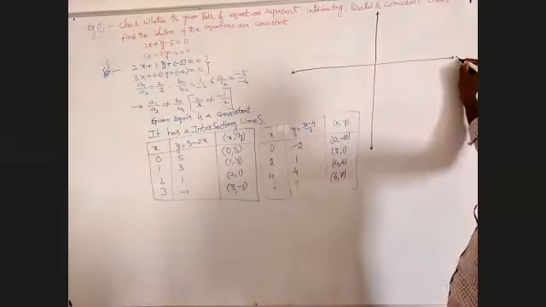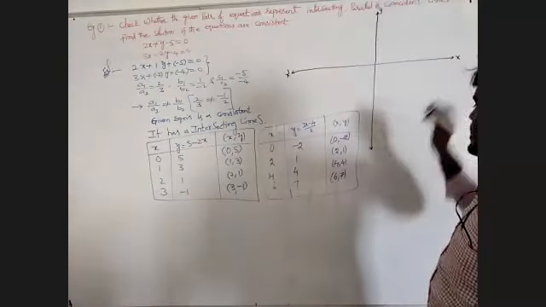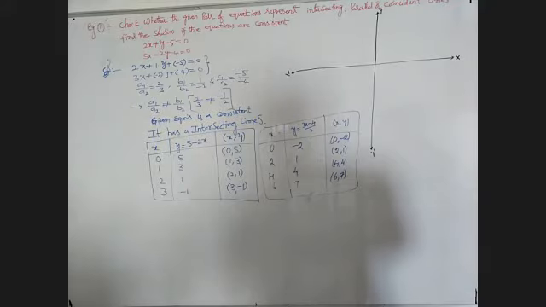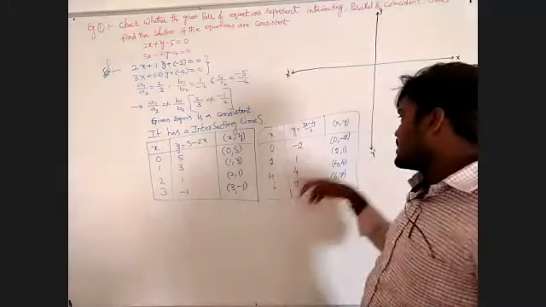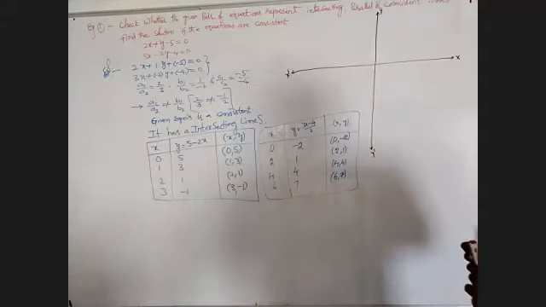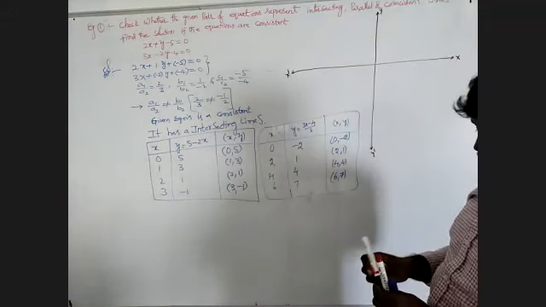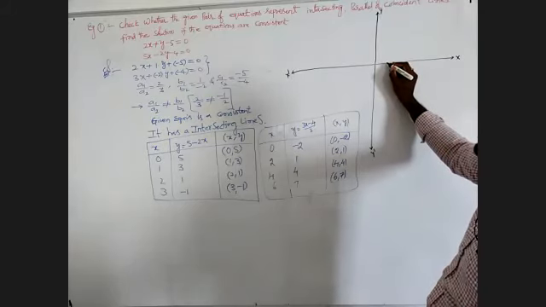This is the x-axis, this is x dash, this is y, this is the y-axis, y dash. Here we will observe that on the x-axis the points are normal. We have to draw the graph. On the x-axis, 1 centimeter is equal to 1 unit.